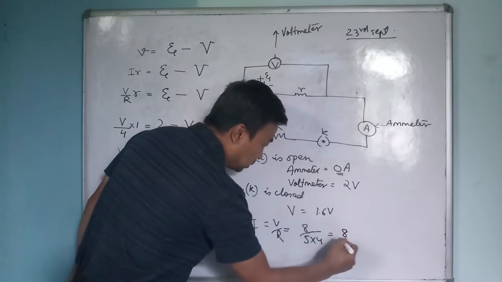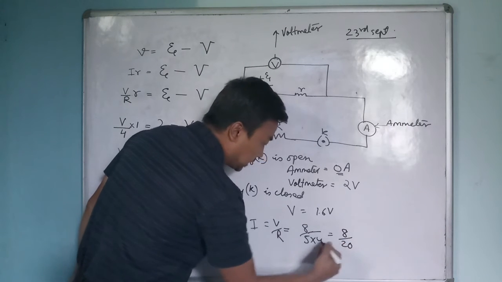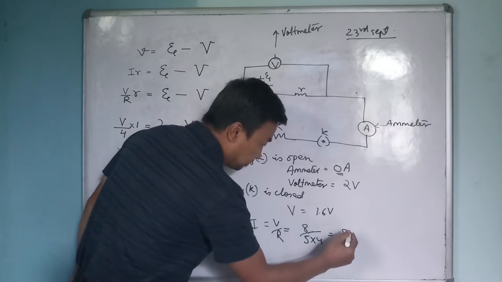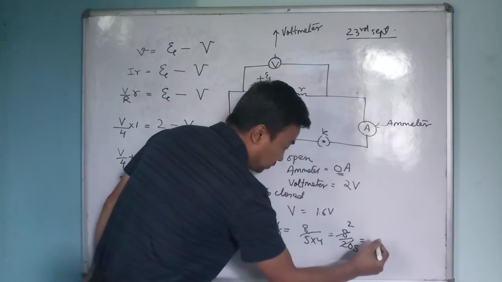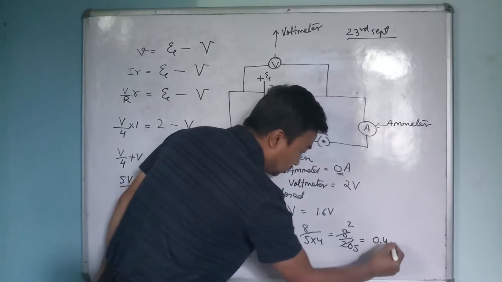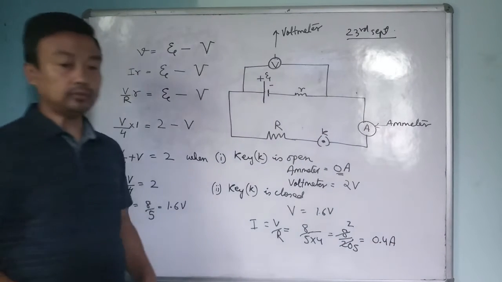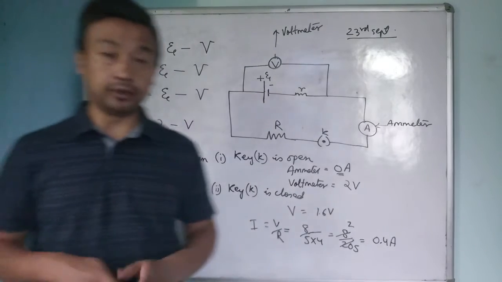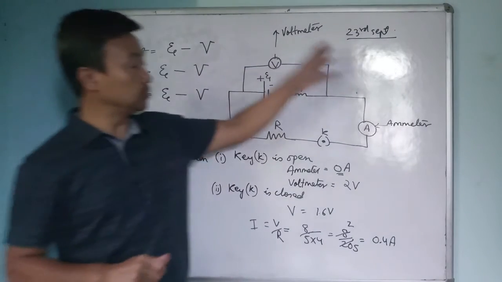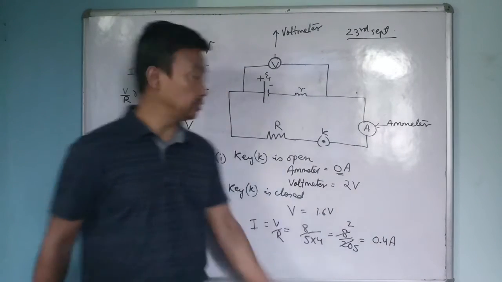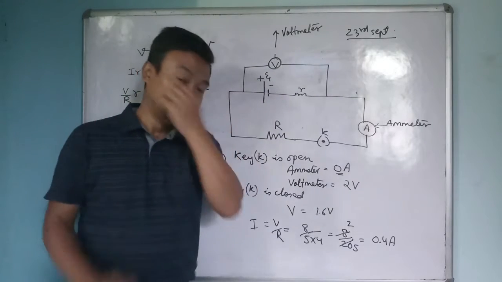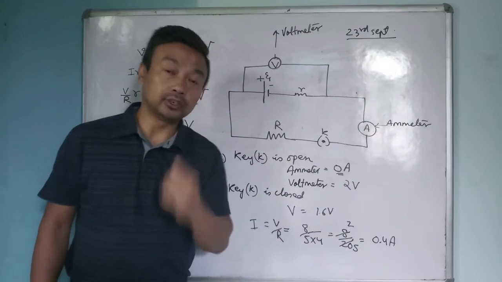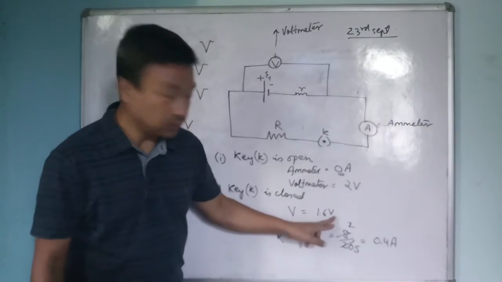So you will get 8 by 20, which is 0.4 ampere. So the reading in the ammeter, the current flowing in the circuit, will be 0.4 ampere, and the reading in the voltmeter, that is across the external terminal of the cell, will be 1.6 volt.